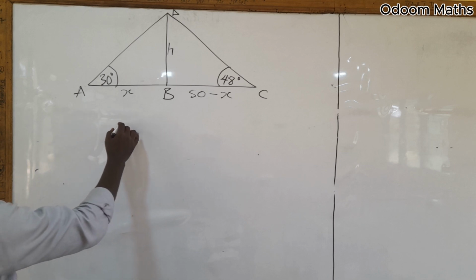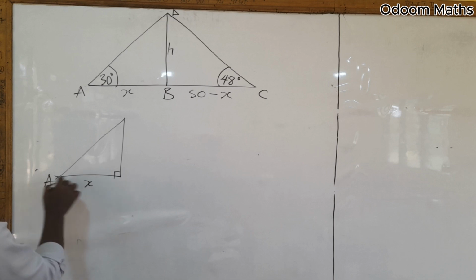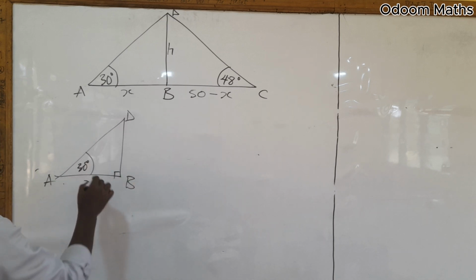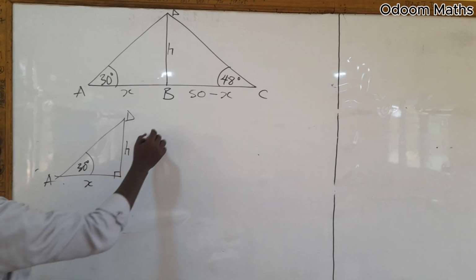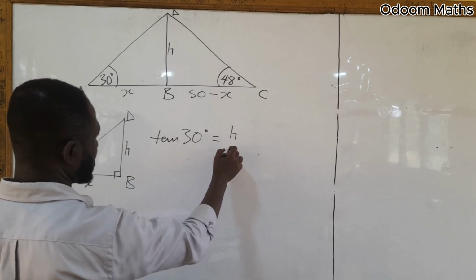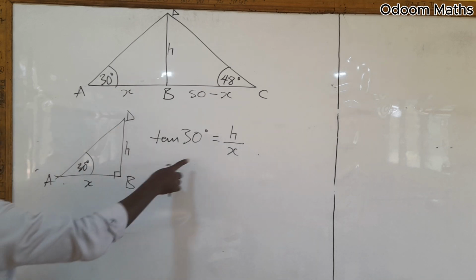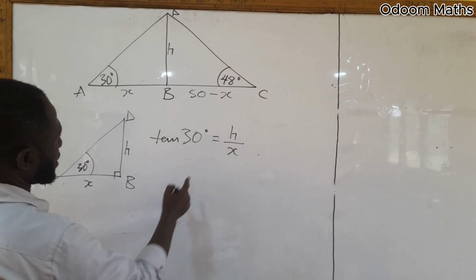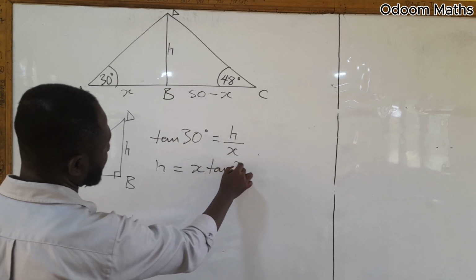Here we have this right angle triangle: X, A, B, and D, and this angle is 30 degrees, and this side is H. From here, tan 30 is equal to opposite over adjacent, where opposite is H and adjacent is X. We can simplify this to H equals X tan 30.